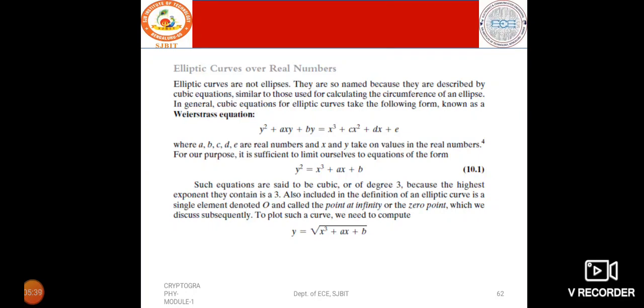To plot such a curve, we need to compute y is equal to the square root of x cubed plus ax plus b. For given values of a and b, the plot consists of positive and negative values of y for each value of x. Thus each curve is symmetric about y is equal to 0.